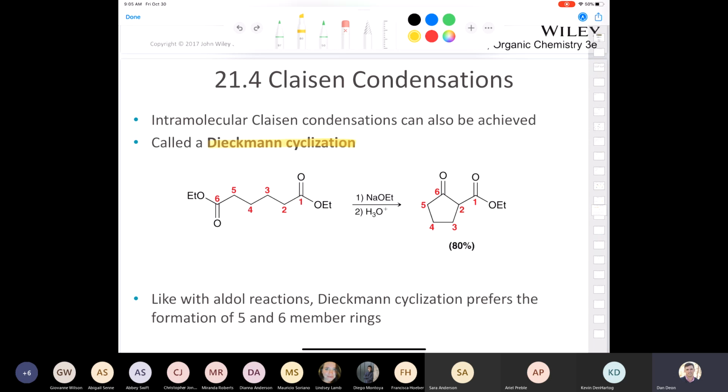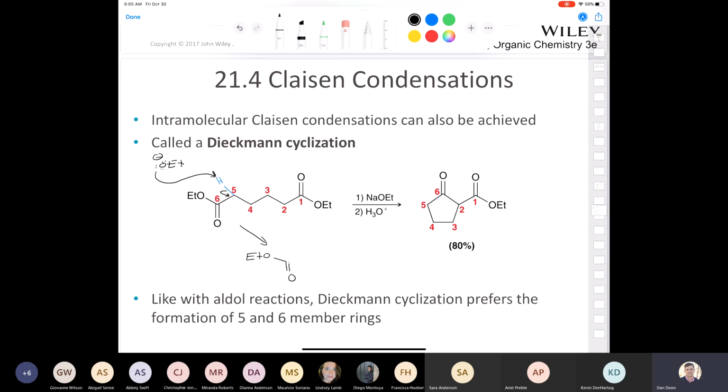Anyhow, the Dieckmann cyclization is exactly what you think it is. You're going to end up treating this diester, where you've got two esters in here. We've got acidic protons in here, don't we? We're going to pull off one of these protons with our ethoxide, and we're going to form an enolate. And then that enolate can do a nucleophilic attack, and we could even draw the enolate because I don't think it's in my next slides.